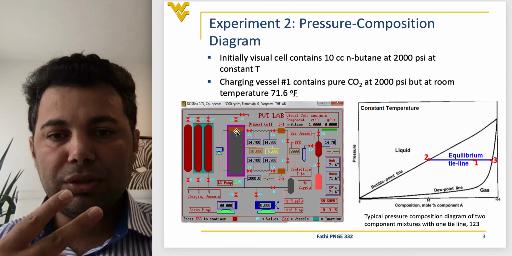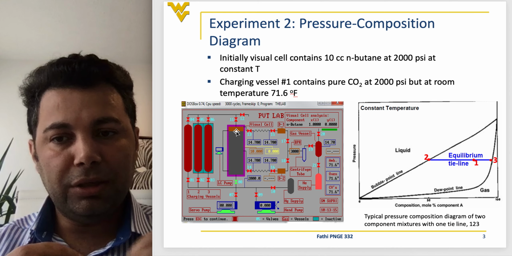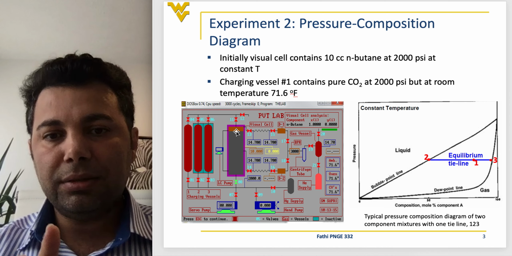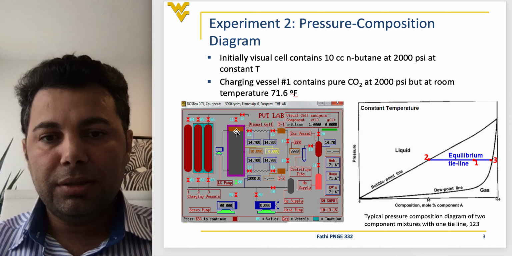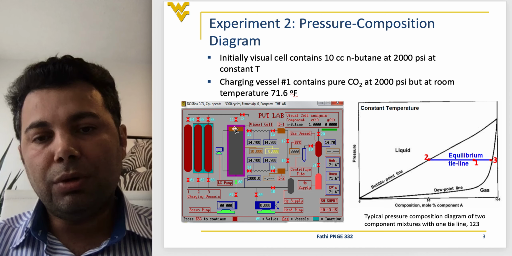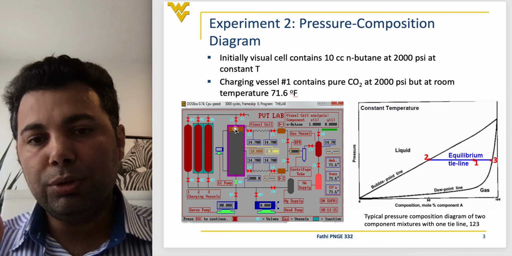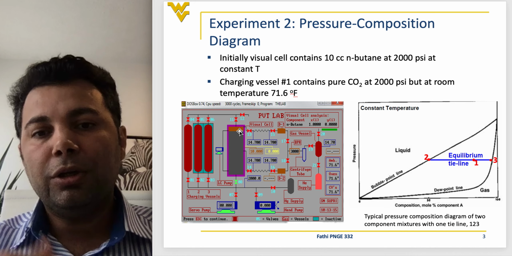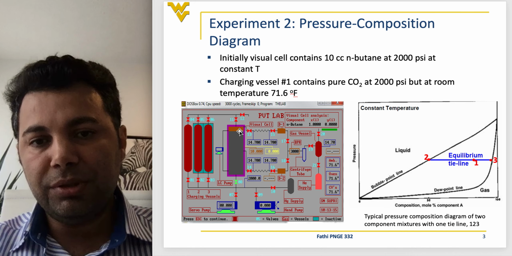One way is to just dump everything out. I can dump that mixture of 10% CO2, 90% N-butane out, and start with a fresh tank with fresh N-butane. Now I want to do 20%. So how much CO2 do I need to put into this 100% N-butane to make it 20% CO2, 80% N-butane?